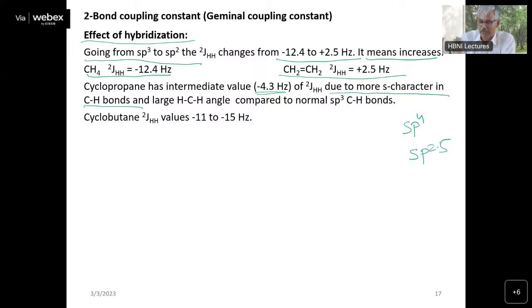I am not claiming exact values. So there is more S character in the carbon-hydrogen bond than the carbon-carbon bond in cyclopropane, so these values will be different. I am just telling you relatively that all the orbitals are not of the same character. Also they have the valence bond angle, so that's why you are getting this. And you can see in cyclobutane it is increasing, and I have also told you about some other cyclic compounds.